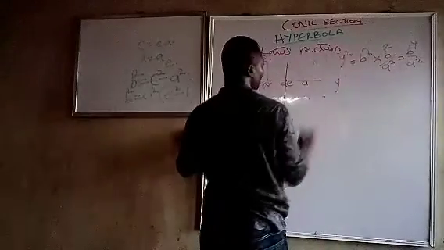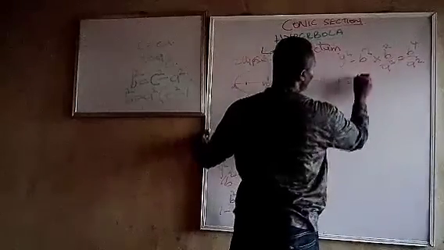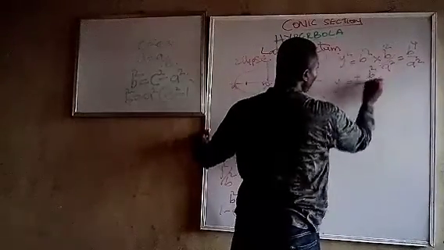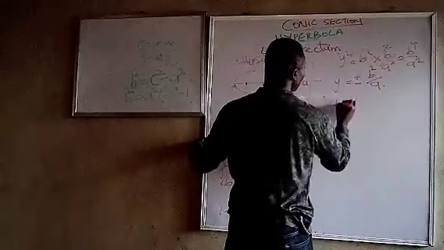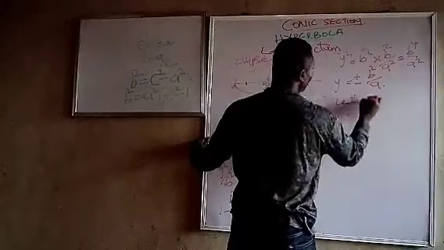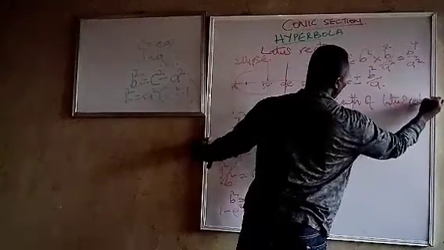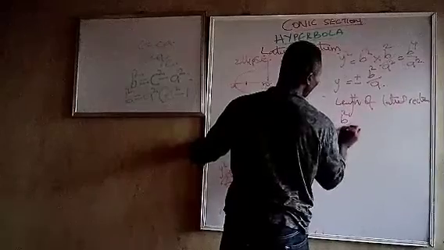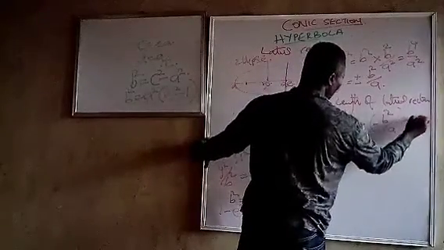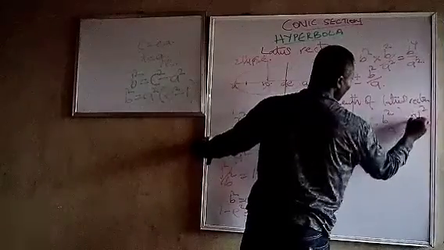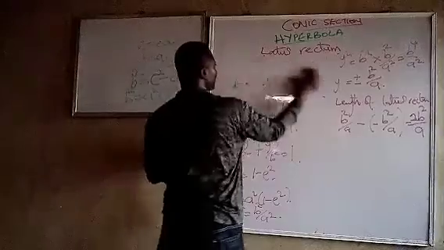So our y values for the points are going to be plus or minus b squared over a. So the length of the lattice vector is going to be b squared over a minus (minus b squared over a), which should be equal to 2b squared over a. That is for the ellipse.